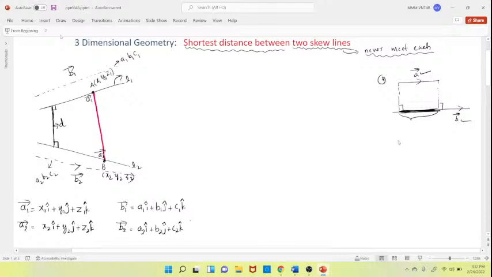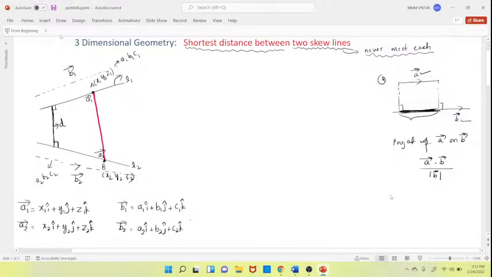So in this case the projection of A on B is simply given by A dot B divided by the magnitude of B.